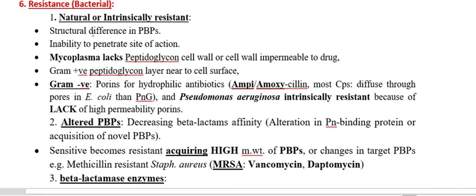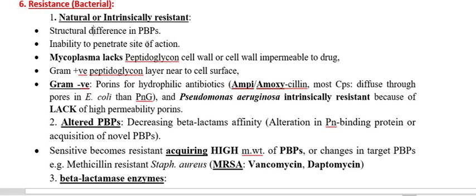How are they resistant? First is natural resistance. By natural, I mean the bacteria are resistant to drugs like penicillin G. Why am I telling penicillin G? Because penicillin G is mainly acting against gram-positive cocci. Gram-negative bacteria are naturally resistant. Why?